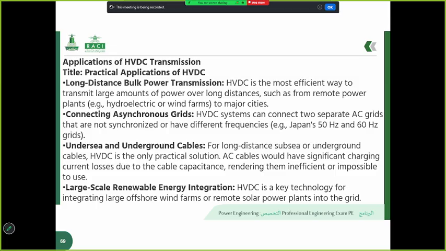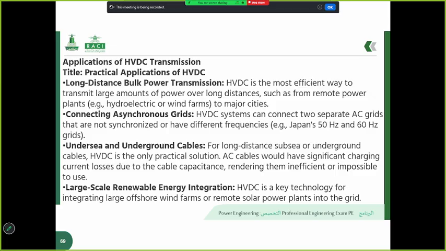HVDC is also valuable for connecting asynchronous AC grids, grids that are not synchronized. It means that their frequency or phase angles are not locked, so they cannot be connected directly with an AC line.